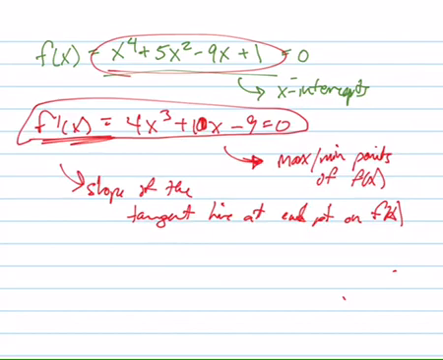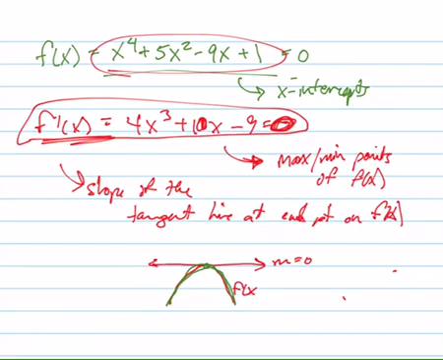So if the slope of the tangent line is 0, that means the graph of the original f of x, I should have made that green, at that point, the slope of that tangent line, the red line there, is 0.